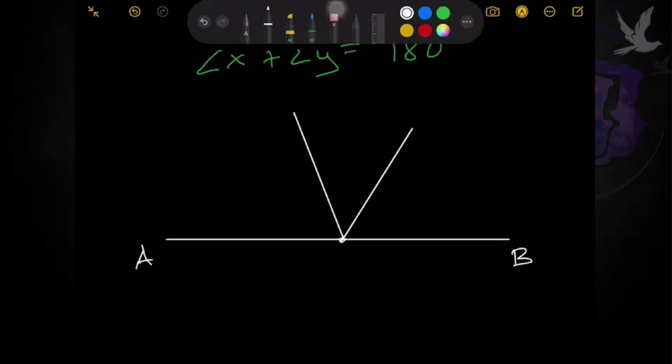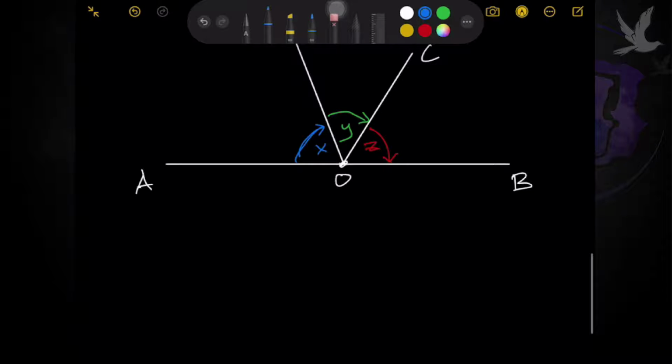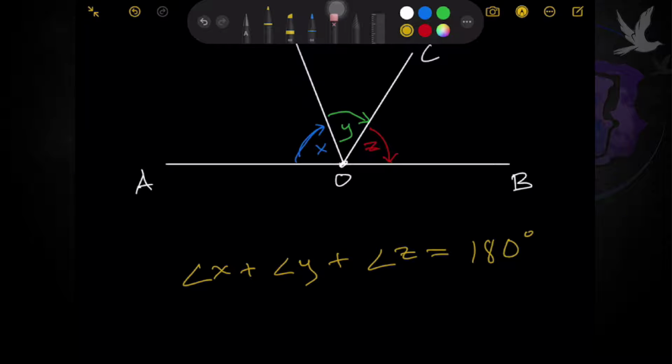So this is our vertex O, with points C and D. If you name the angles X, Y, and Z, then X plus Y plus Z, angle X plus angle Y plus angle Z, all three will be equivalent to 180 degrees. That's the basic of it.